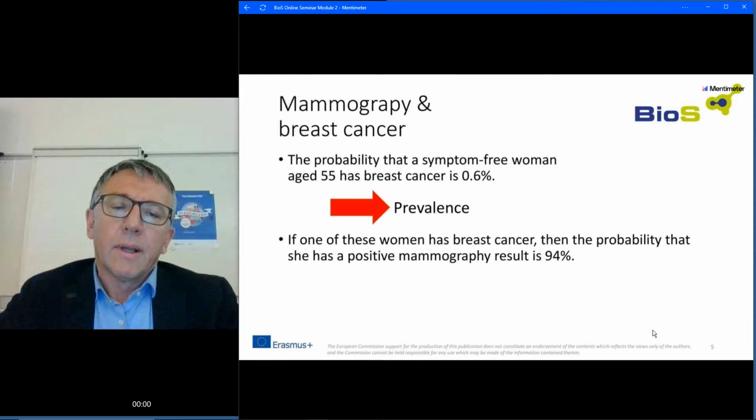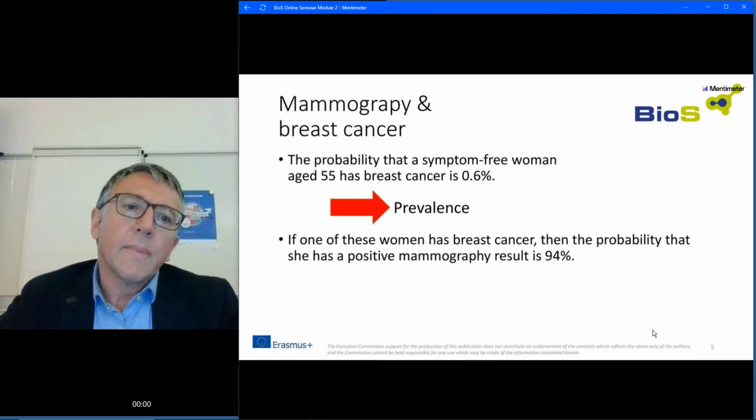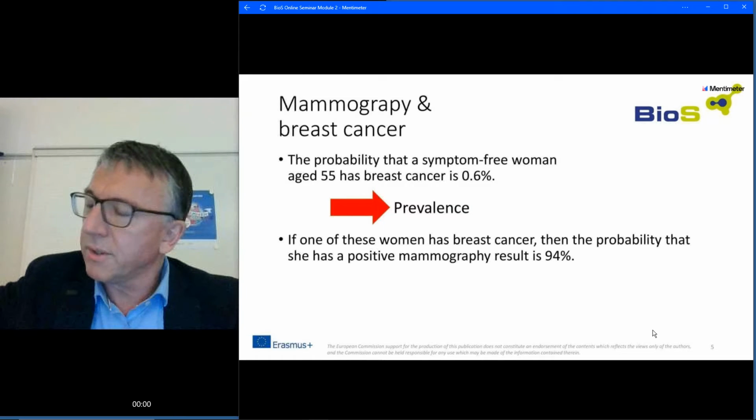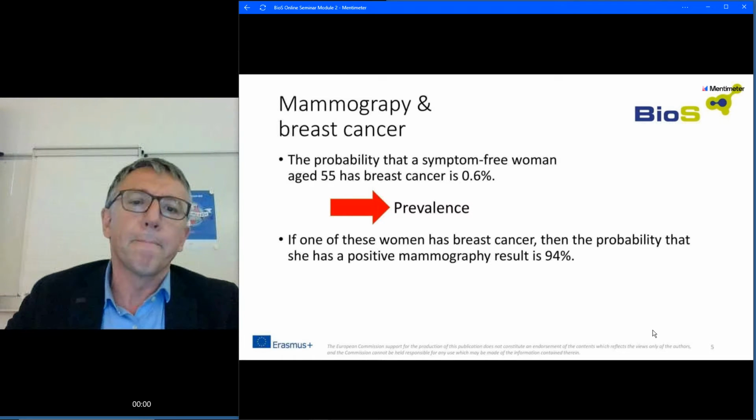So if one of these women has breast cancer, then the probability that she has a positive mammography result is 94%. What does this mean?